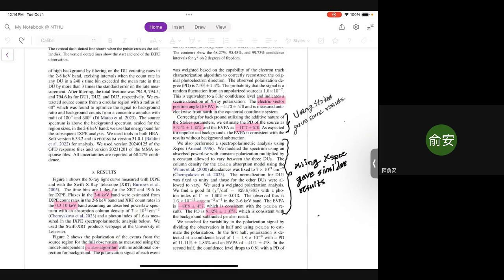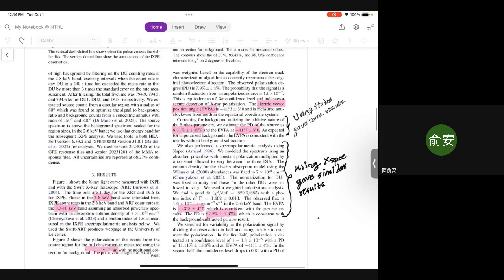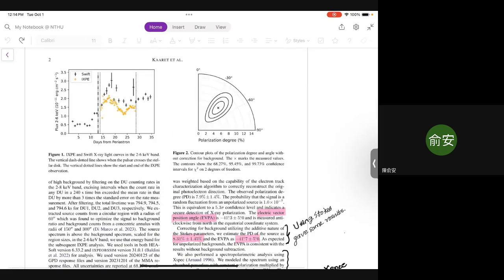And in the results, in figure 1 you can see the results. The flux is shown on the y-axis, and the days from periastron is shown on the x-axis. And you can see a flare up and it is going down.